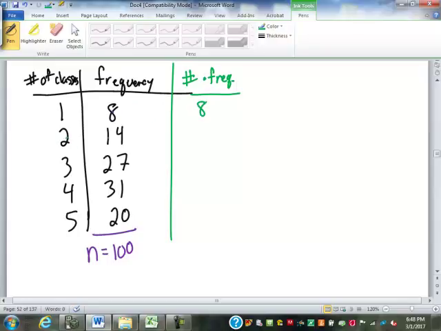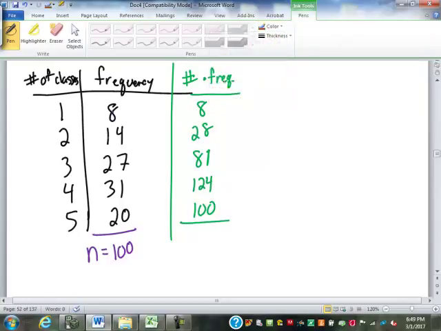To add in 2 14 times, that's 2 times 14 is 28. To add in 3 27 times, 3 times 27 is 81. To add in 4 31 times, 4 times 31 is 124. And to add in 5 20 times, 5 times 20 is 100.